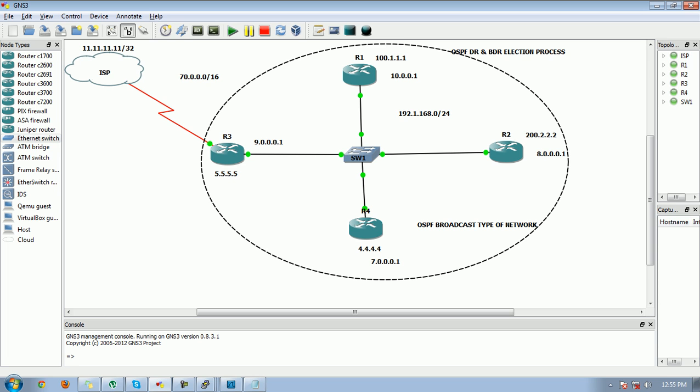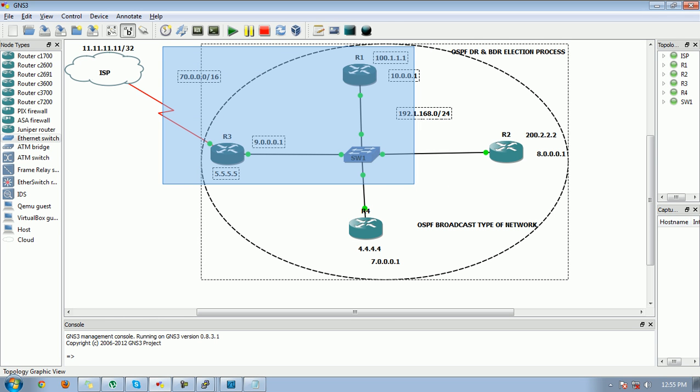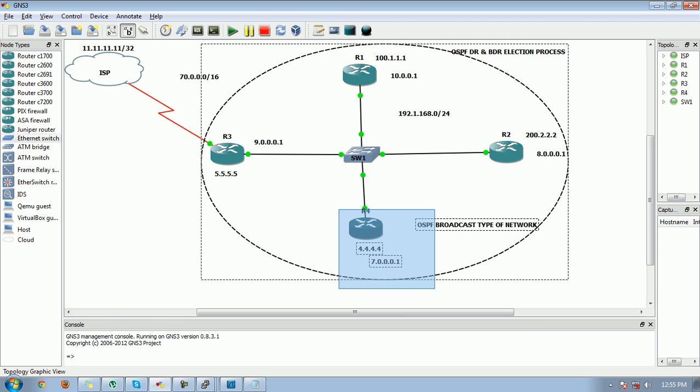You'll use a priority command. Using priority, you can throw them out of this election process, and you can set the maximum priority for this guy and the second maximum priority for this guy, so that he will become DR and BDR.